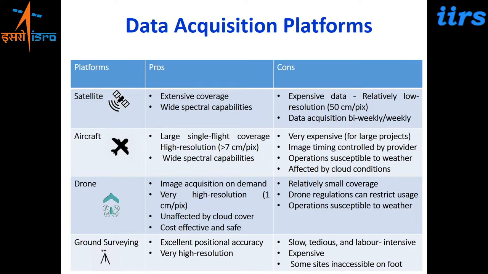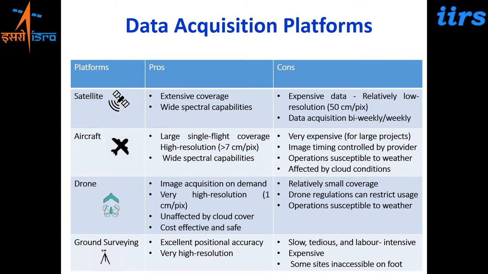And in contrast to this, aircrafts provide a very high spatial resolution, maybe a few centimeters, but are very, very expensive for operations and are susceptible to weather and cloud conditions. Satellites are also susceptible to cloud conditions if we talk about the optical data sets.